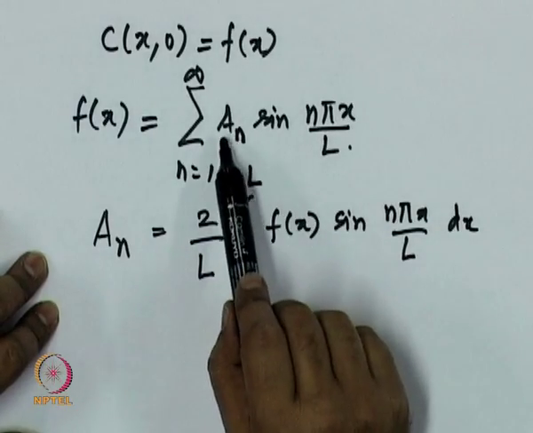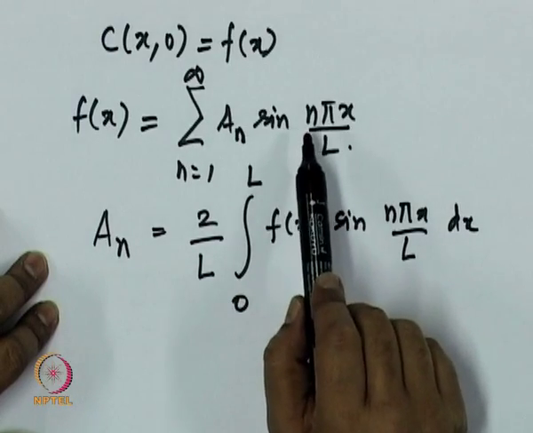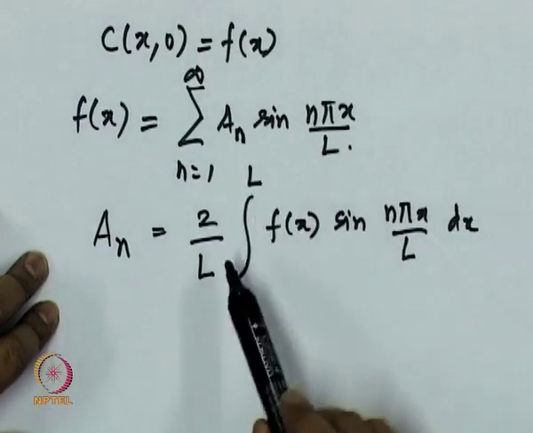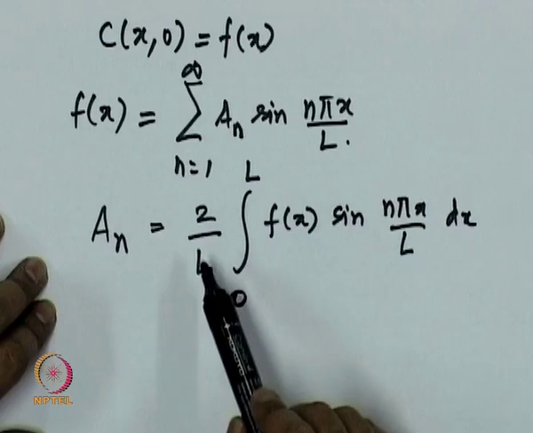When that sin squared n pi x by L is there with n some value 1, 2, 3 etc., that integration will give you L by 2. So, that is why you are having 2 by L here.